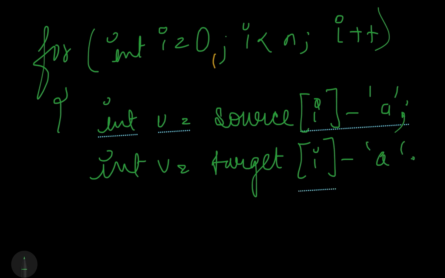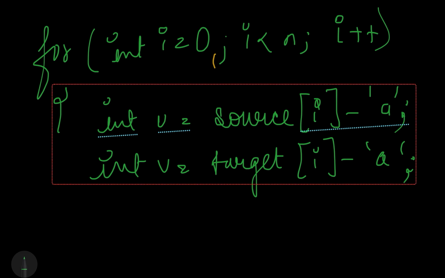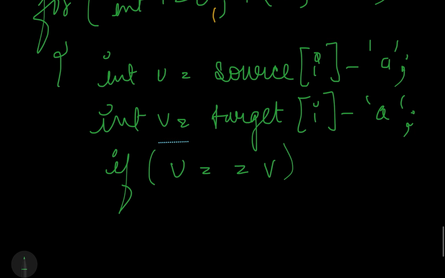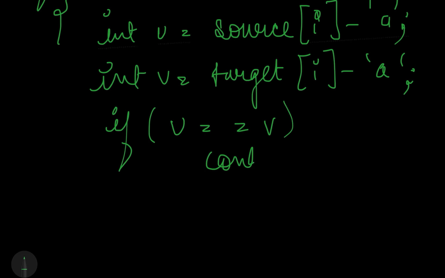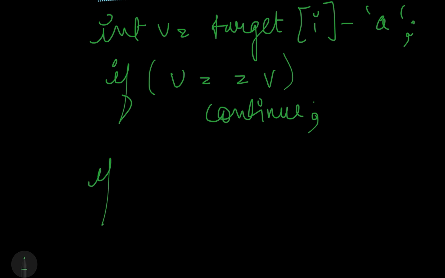Target of I. Okay, now if same character is there, means u is equal to v already, then no need to change, simply we'll continue. The cost is already 0 because it is already converted.